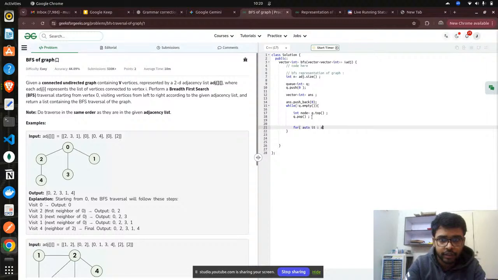For auto ID adjacent of node, queue push ID.